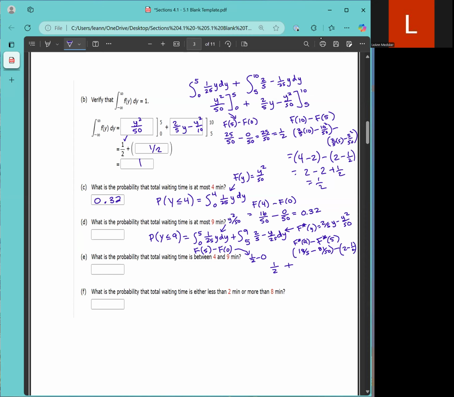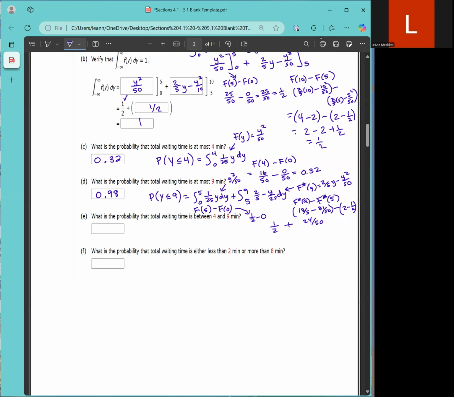Now, if you work all of that out, let's see, I had it somewhere. Yeah, I got 24 over 50, I think, when I worked it all the way out. So that's going to be 0.5 plus, this is 0.48, so that ends up being 0.98. So you'll just need to work that out on your calculator.